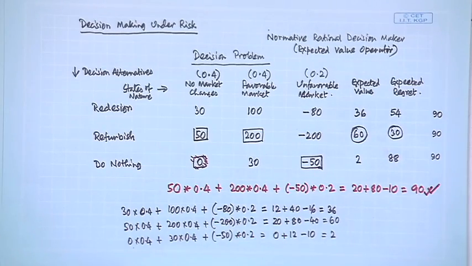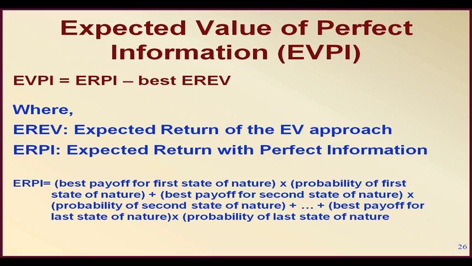So, that gives us another term: the expected value of perfect information comes down to two things. One is the expected return of the expected value approach and the other is the expected return with perfect information, right. So, the ERPI minus the best expected return that we have got in the EV approach would be the expected value of perfect information.